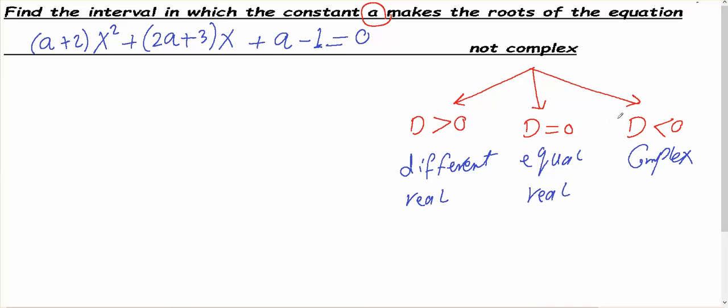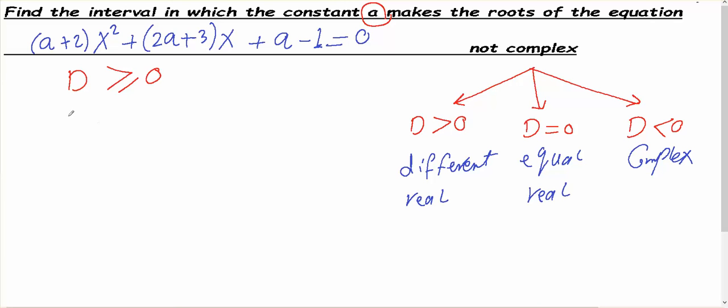If the discriminant is negative, smaller than 0, the two roots are complex. Here we need the value of a which makes the two roots not complex, that is, different real or equal real. We can write the discriminant greater than or equal to 0.